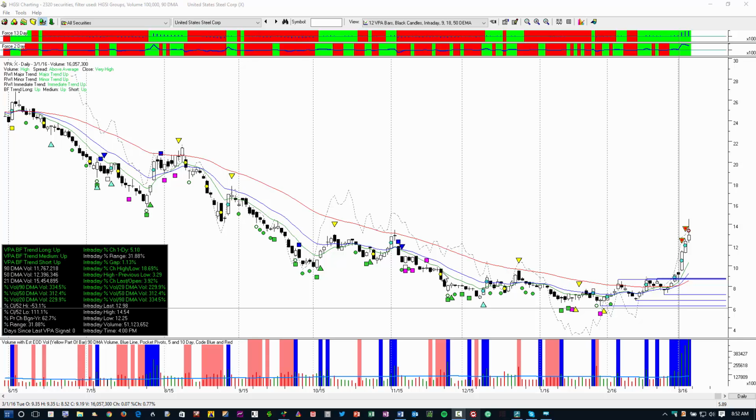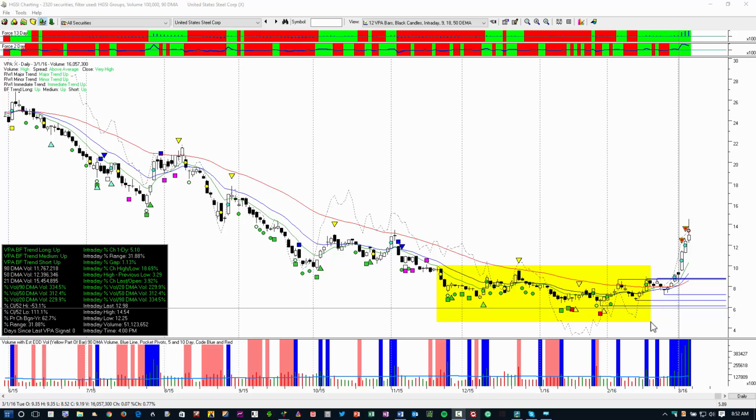What has happened here? I'll put a highlighter on here, and I'll just use yellow. It kept making a series of lower highs and lower lows. Right here we had a double top, came down, then it started finding support with all these VPA signals. It did go a little bit lower, but during this time period, what is happening here?